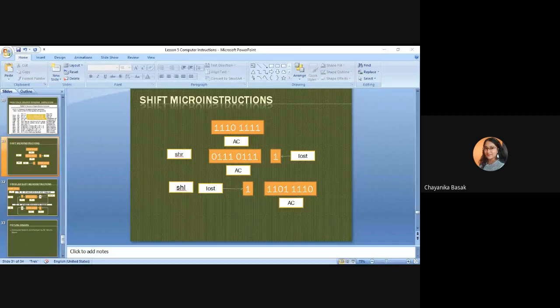Oh, there must be some lag in the network, I think. Okay, now what slide are you able to see? Shift micro instructions. Okay, no problem. I'll just explain this again. Just give me a minute, okay?